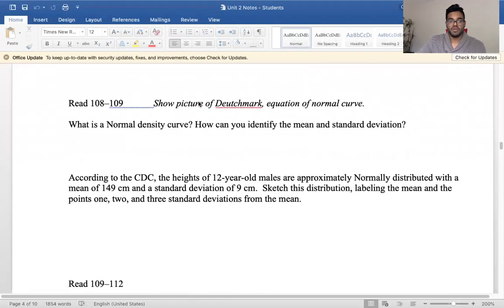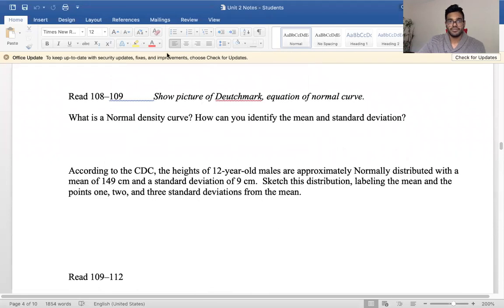So what is a normal density curve? A normal density curve, I kind of talked about it on the last page. Okay, we'll give a proper formal definition. So a normal density curve describes the normal distribution, which is the bell curve.